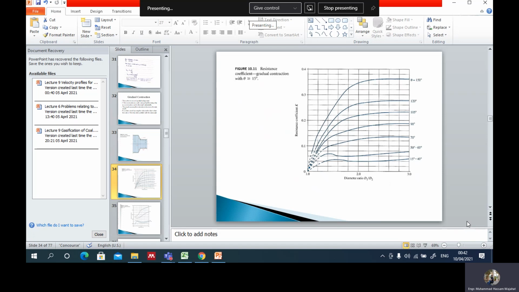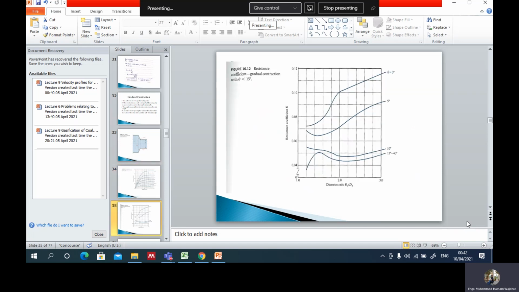Moment it is less than 15 degrees, we can see that energy losses also increase. यानी अगर 15 डिग्री से कम है तो ये आपको ग्राफ दिख रहा है कि आपका जो resistive coefficient है वो बढ़ रहा है. It is a squiggly line going up. So this is the one thing you should keep in mind, that before 15 degrees it rises abruptly. Above 15 degrees there is no problem.